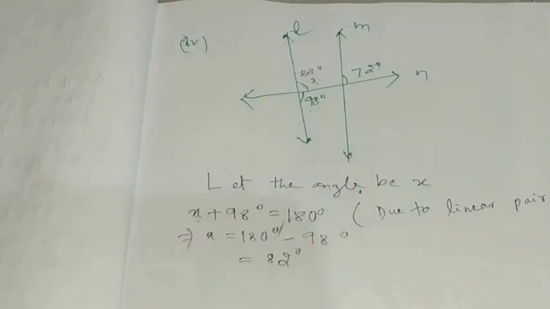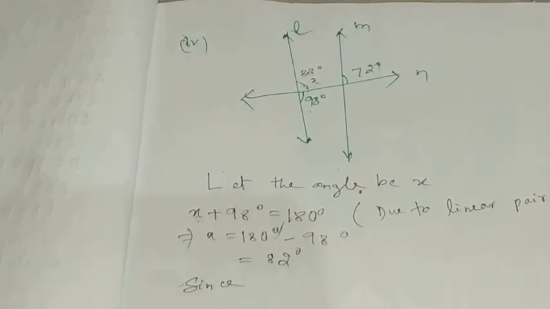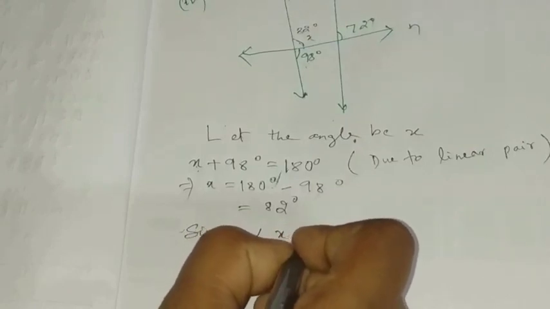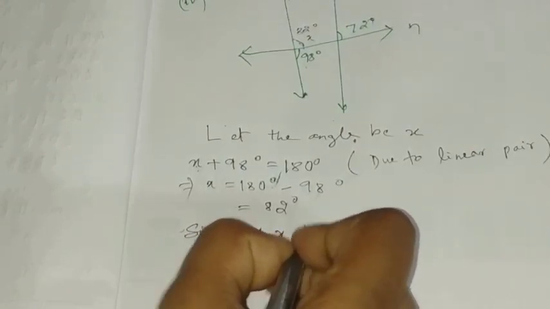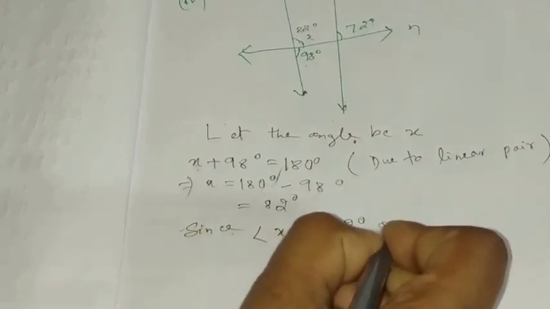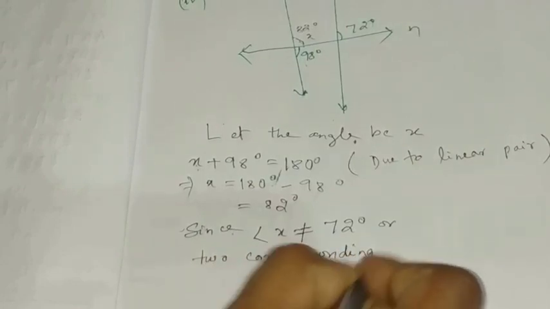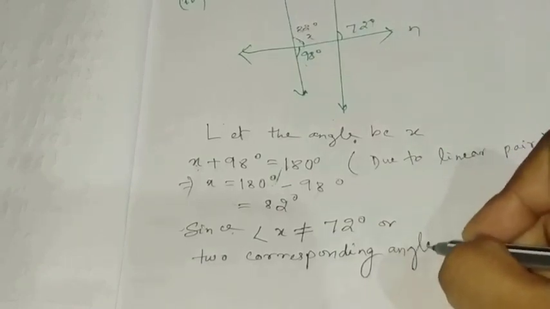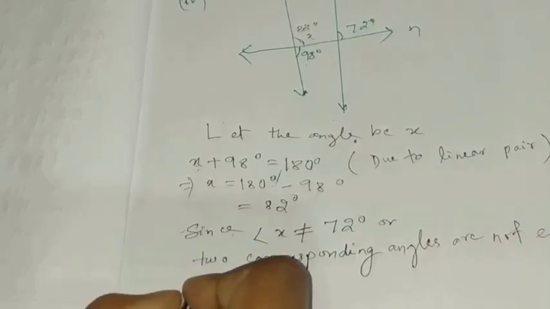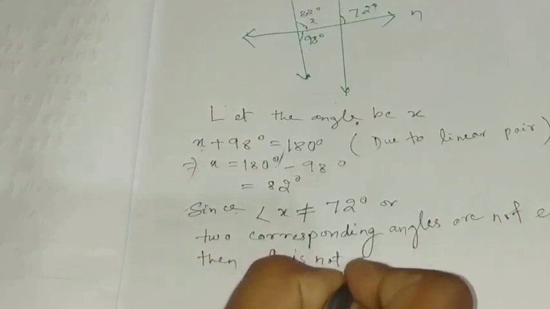So look here, this 82 degrees, x, and this 72 degrees are not the same. These two are corresponding angles. So since angle x is not equal to 72 degrees, the two corresponding angles are not equal, then what will you find?